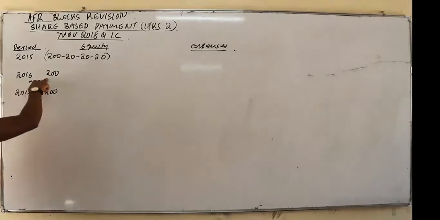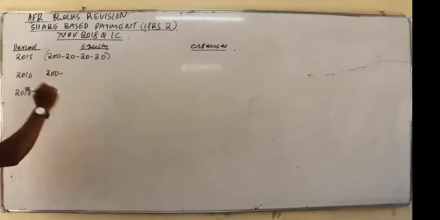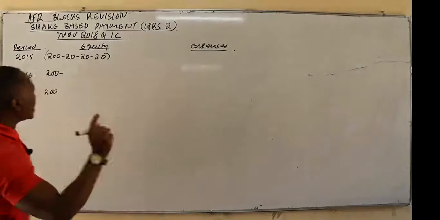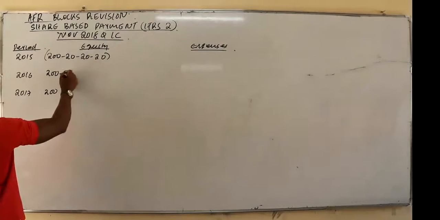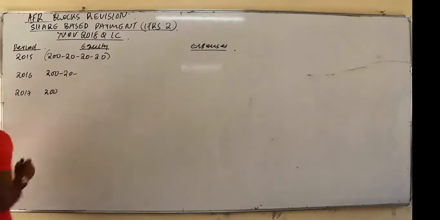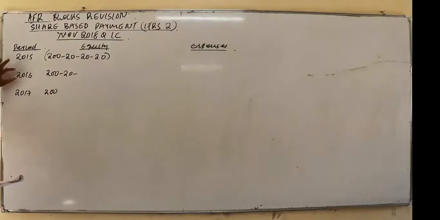2016, we had 200 employees. You ask yourself, how many employees left the company in the first year in 2015? In 2015, the actual number of employees who left was 20. As at 2016, remember you're told that they expect 20 to leave in each of the following 2 years, 2016 and 2017.